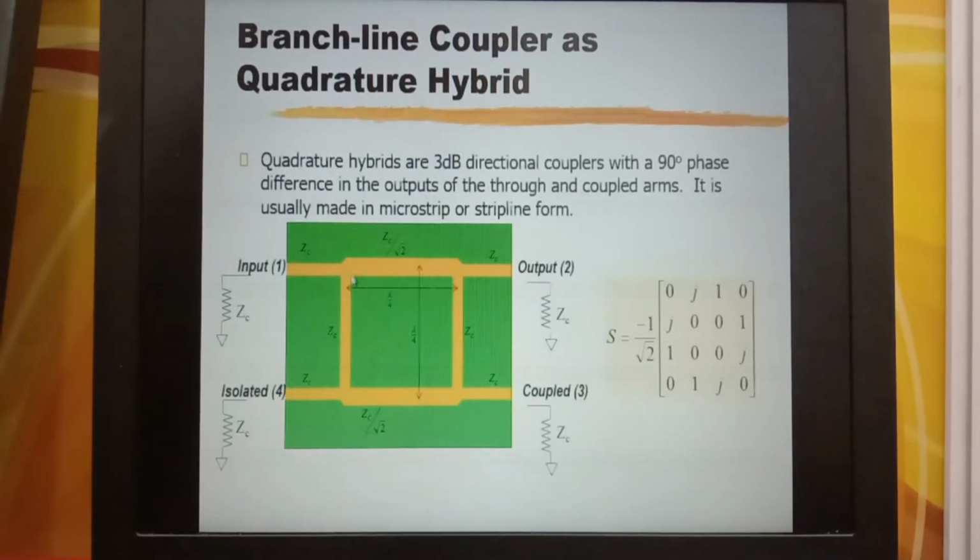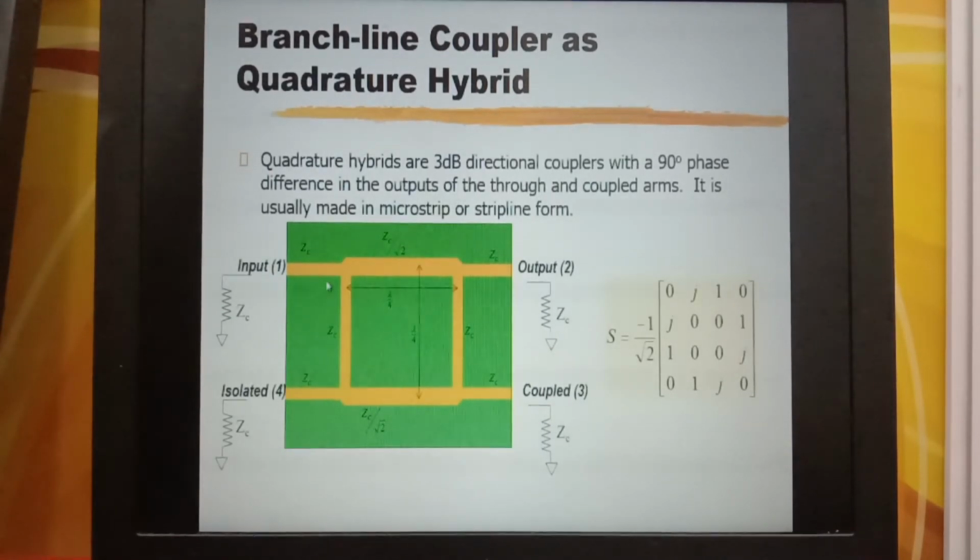because from port 1 to port 4 we have a quarter wave line which gives us a 90-degree phase shift, and from port 1 to port 2 and then to port 3 and then to port 4 there are 3 quarter wave lines which give rise to a total phase shift of 270 degrees.